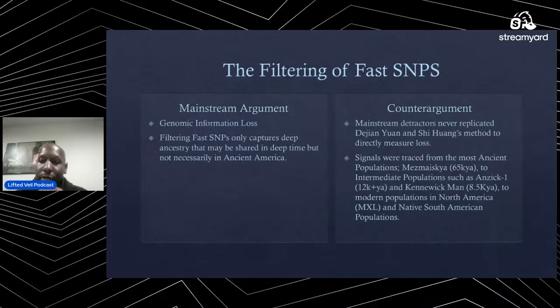That specimen was found in ancient Russia. To intermediate populations such as Anzick-1 and Kennewick Man, I believe I got those ages right. To modern populations in North America, like the Mexican Los Angeles population, that I'm going to go into detail about.